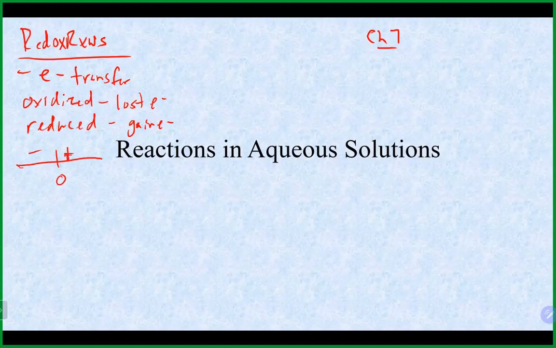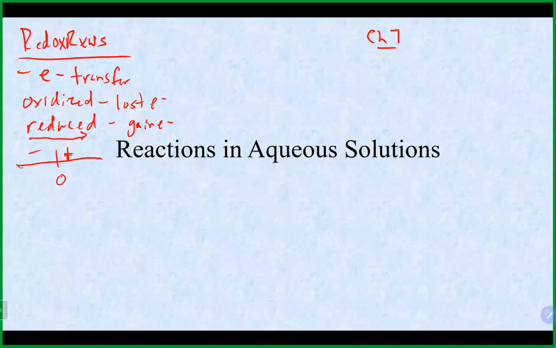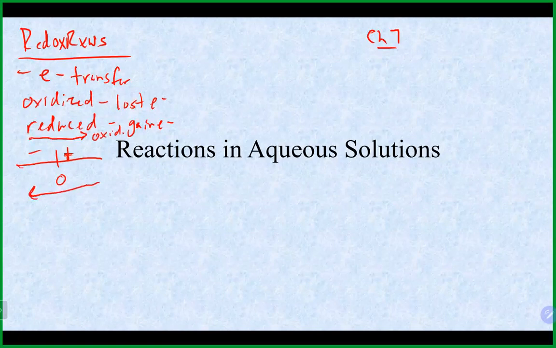If the substance went from the reactant side of the arrow to the product side and became more positive, that means it is going through oxidation. If it is moving towards a more negative oxidation state or charge, that guy has gone through reduction. So remember also that they both always happen together.